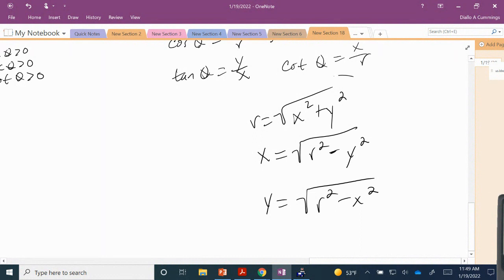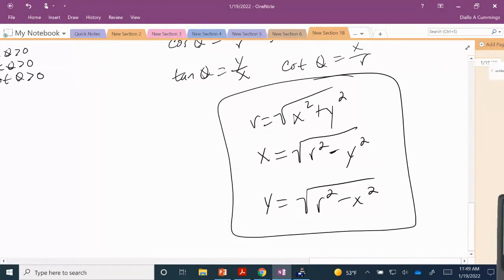I'm actually going to add these latter two, which just give us some formulas if we need to find x or if we need to find y. Which in this case we do need to find y.